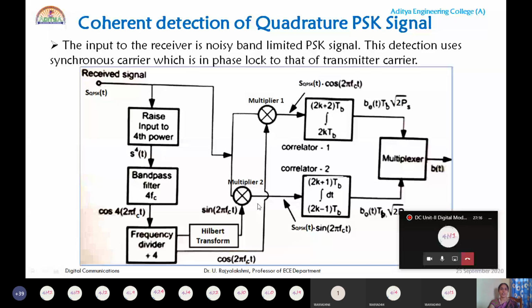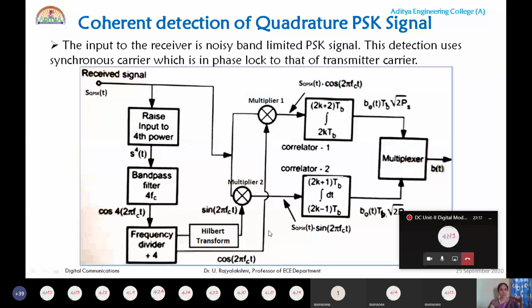Okay. Similarly, in correlator 2, multiplier 2 takes the product of the QPSK signal and sin 2πfct. The multiplier 2 output is fed to the low pass filter. This low pass filter performs integration for odd intervals.